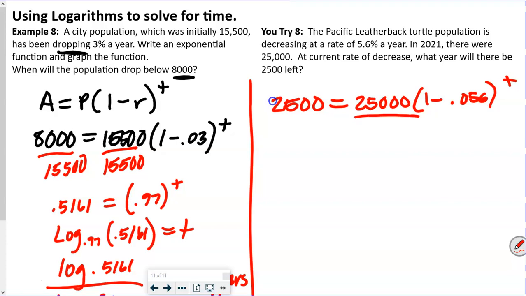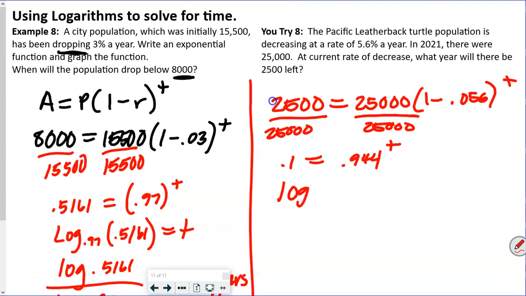So we're going to divide both sides by 25,000, sorry. Okay, so this is going to be 0.1 is equal to, when we do 1 minus 0.056, 0.944, right, to the t power. Okay, so here again, we're going to write this as a log.